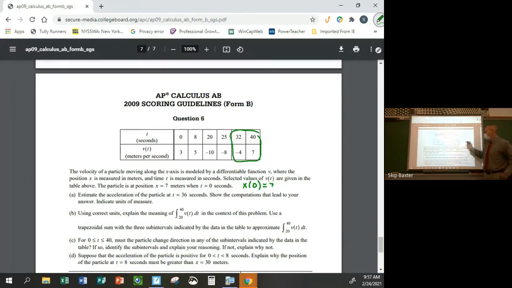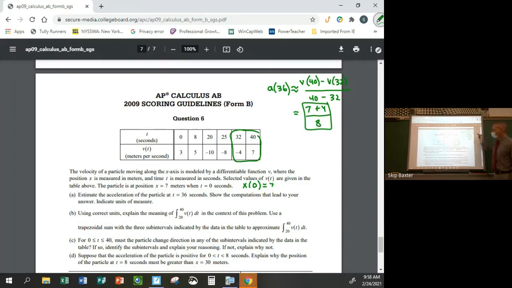So for part A, the acceleration at 36 is approximately v of 40 minus v of 32 over 40 minus 32, right? So this is equal to 7 plus 4 over 8.